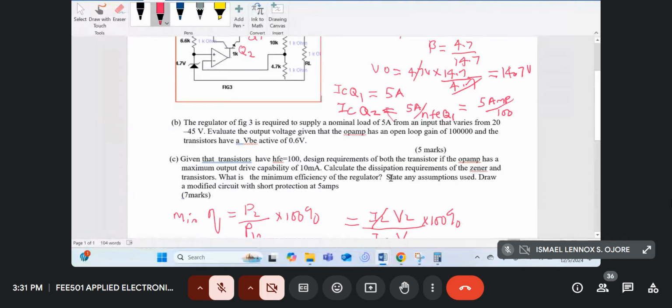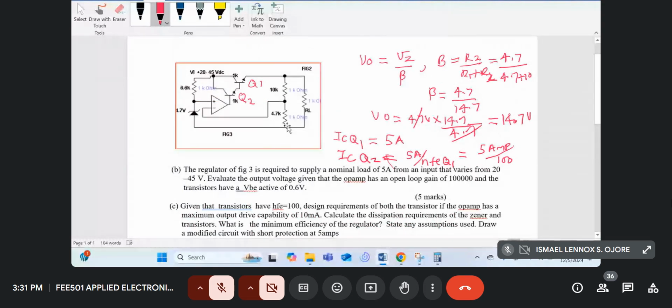Of course, we are assuming an ideal pump. We are assuming that the power going into the input circuit through the 6.6K is not being calculated. The power going through the 10K and 4.7K is not being calculated. We are assuming that the collector current of Q1 is only IL.